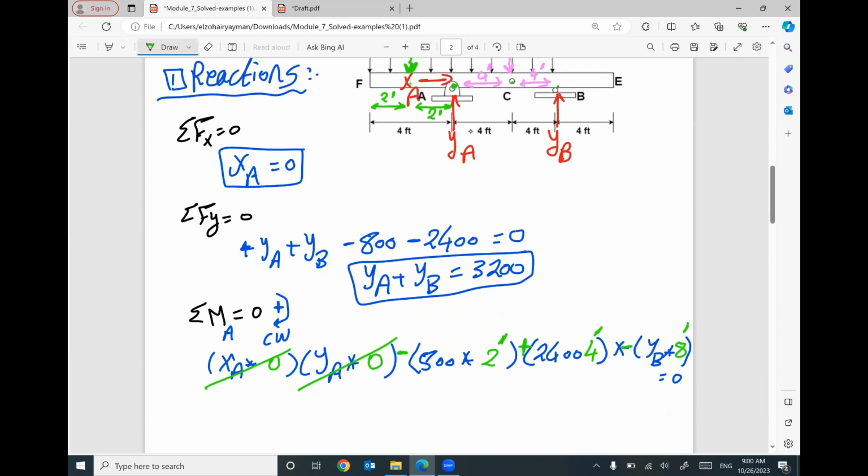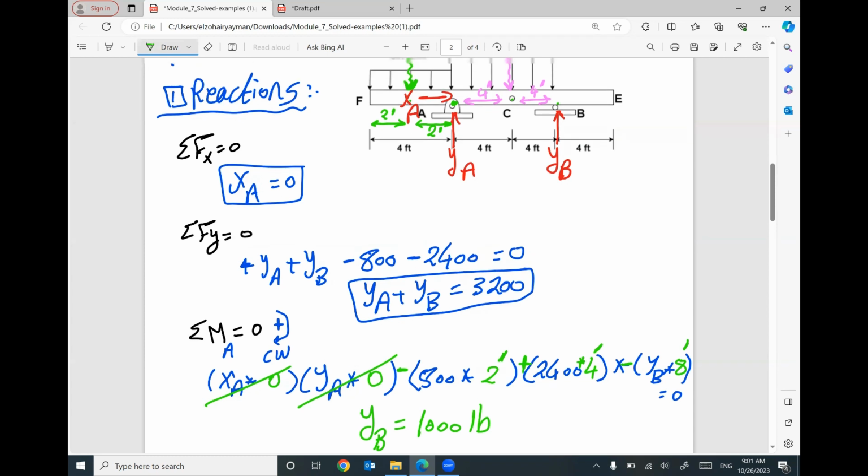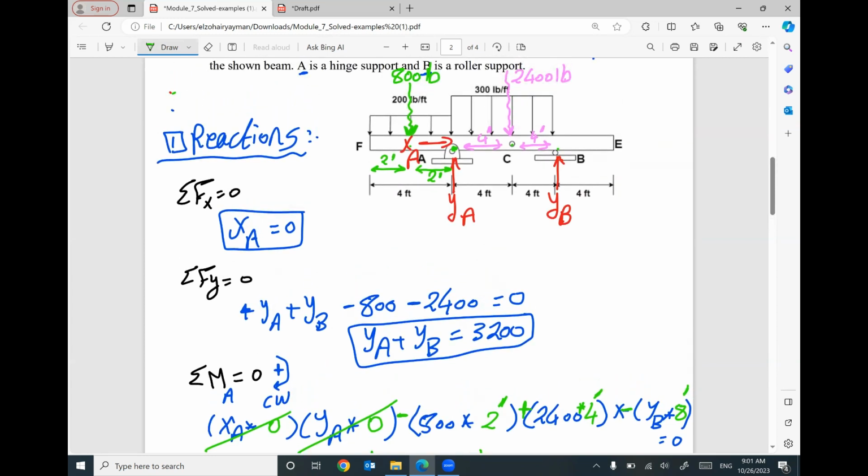The only unknown in this equation is YB. I can figure it out. So negative 800 times 2 plus 2400 times 4 divided by 8, it will be 1000 pound. Let me check it one more time. So I have 2400 times 4 minus 800 times 2 divided by 8.